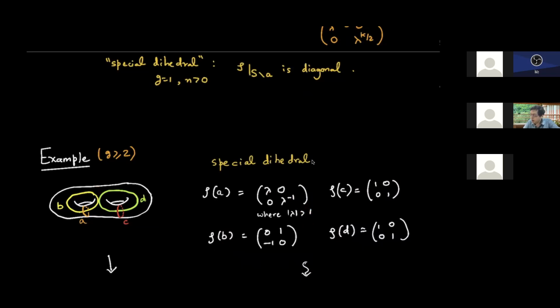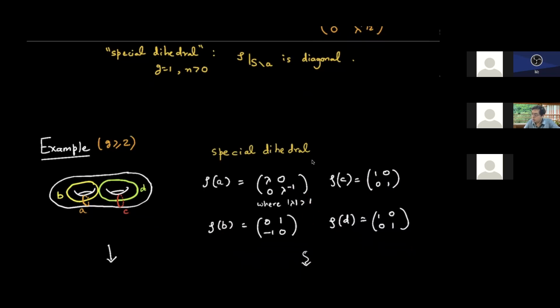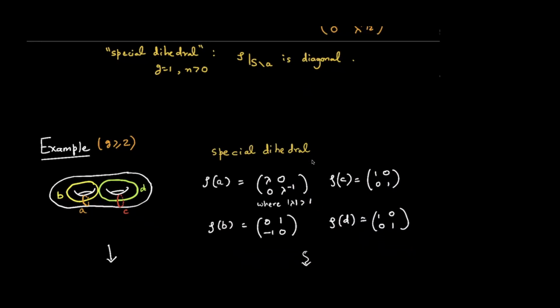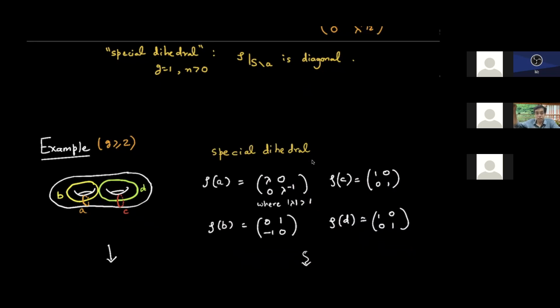The other handle I just map to the identity matrix. And so you define a representation this way. Then of course, if you do Dehn twists around B or A, as we did earlier, you won't diverge in the PSL_2(C) character variety.